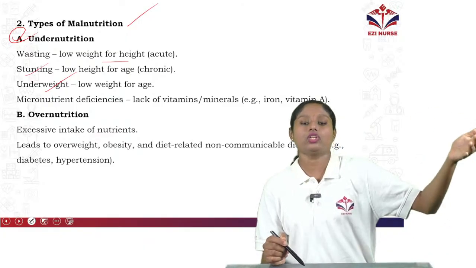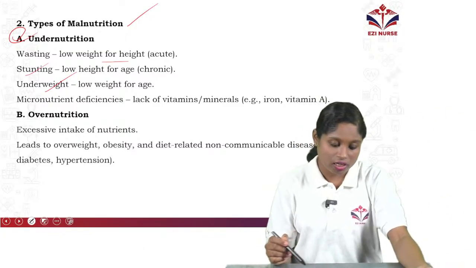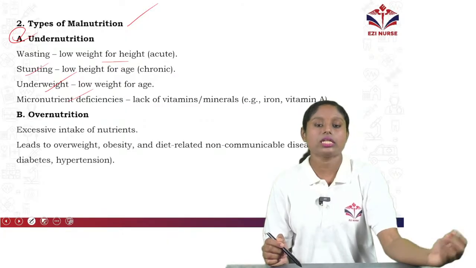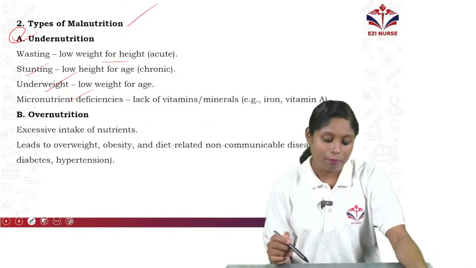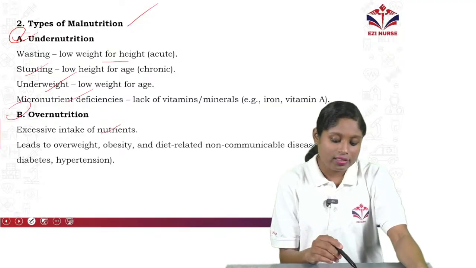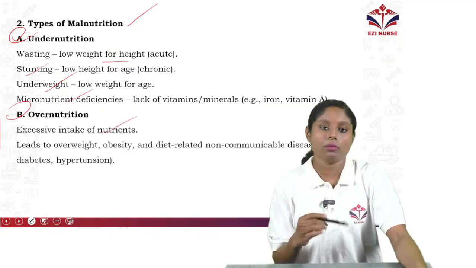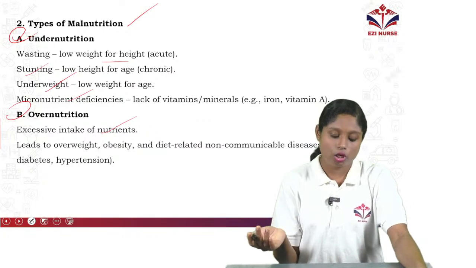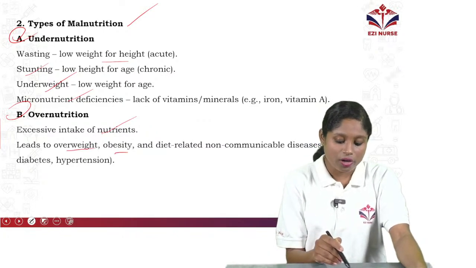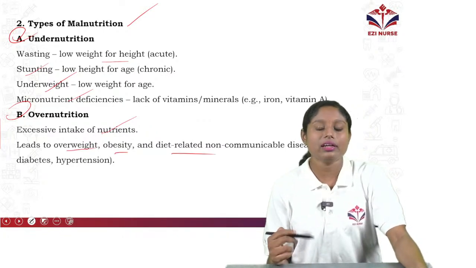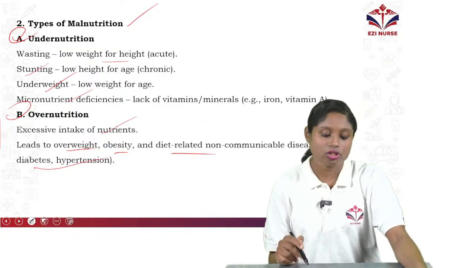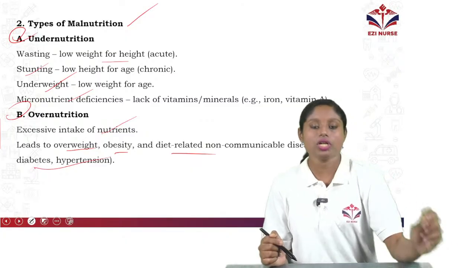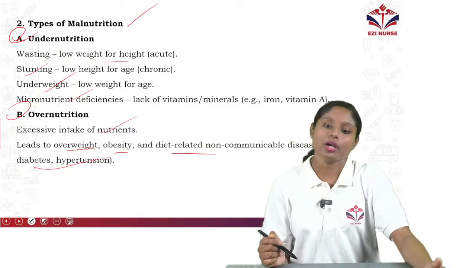Micronutrient deficiencies, like lack of vitamins or minerals, for example iron, vitamin A. Overnutrition, excessive intake of nutrients, leads to overweight, obesity, diet-related non-communicable diseases like diabetes and hypertension. So these are the types of malnutrition, undernutrition or overnutrition.